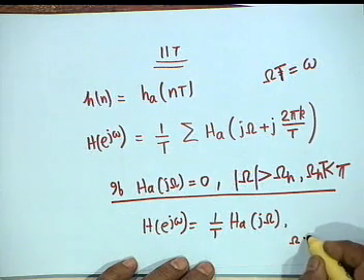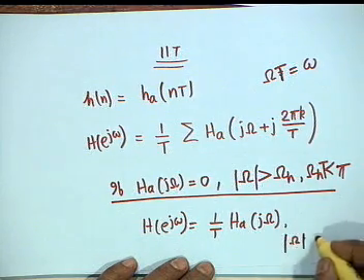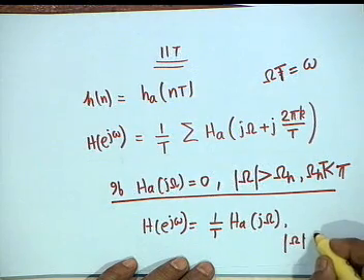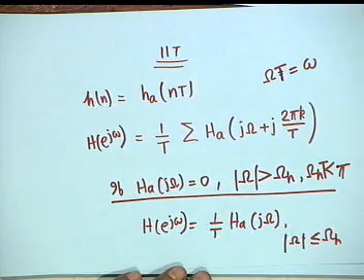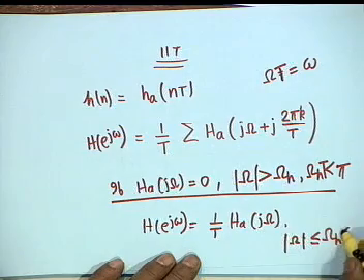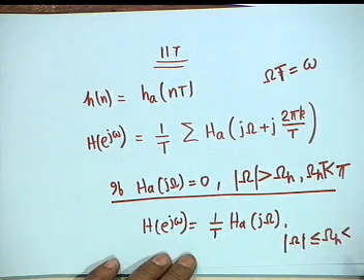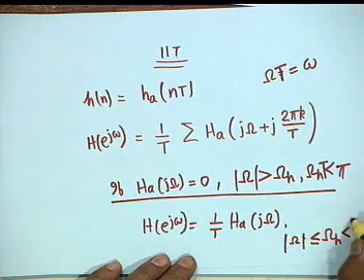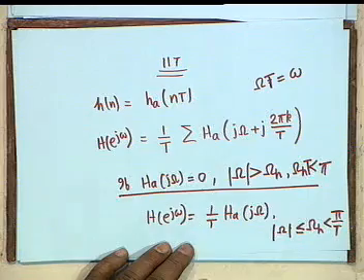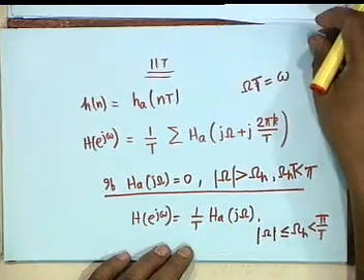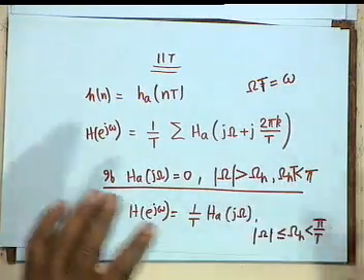where omega is less than or equal to omega h, all right, and omega h is less than pi divided by capital T. Why is it being so difficult going from capital omega to small omega?